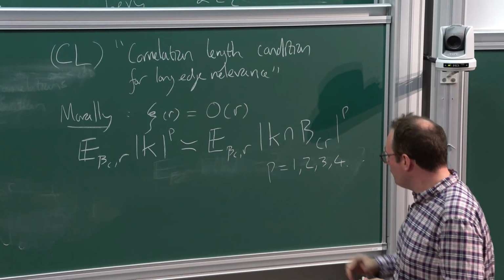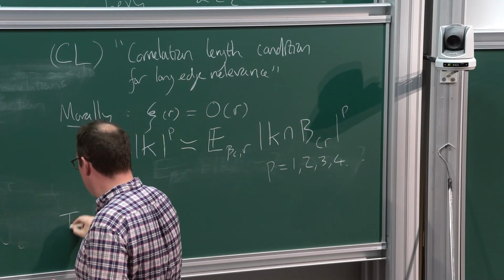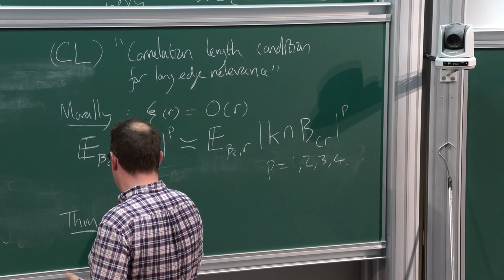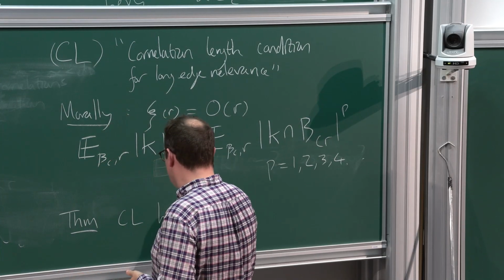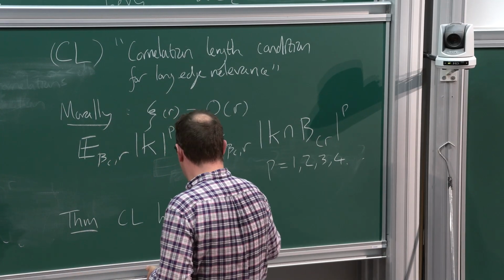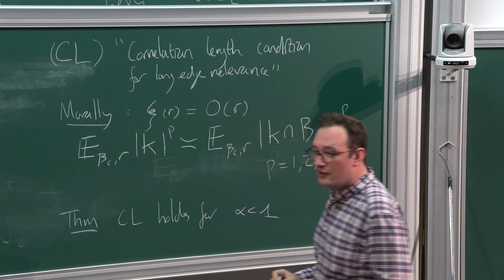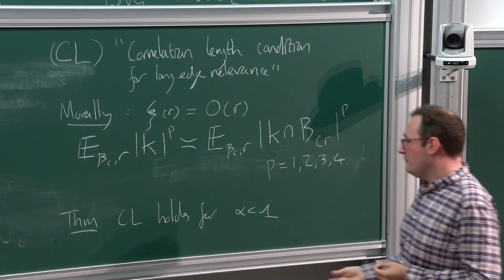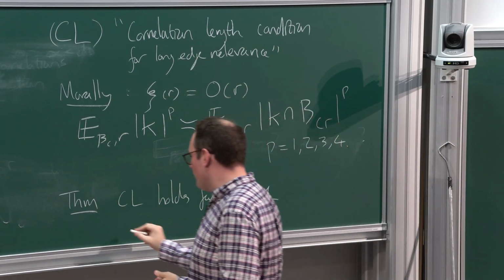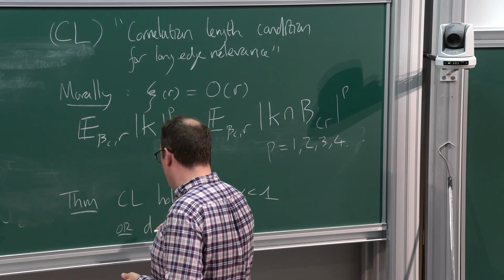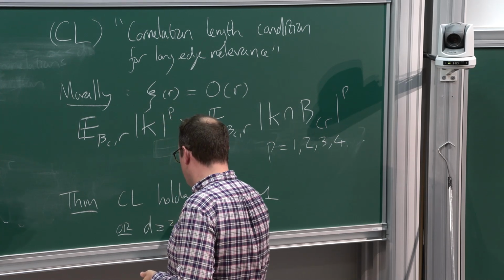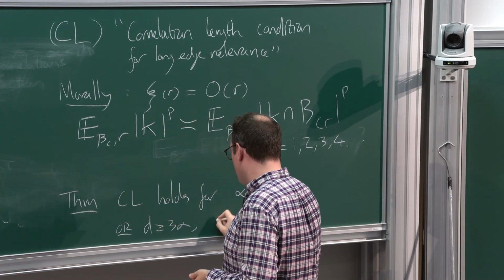Okay, so one theorem, by the way, is that CL holds for alpha less than 1. Okay? It also holds when D is at least 3 alpha and alpha less than 2.